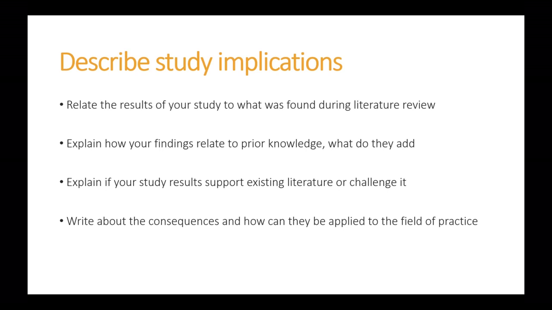There could be several psychosocial factors. Again, I'm using this just as an example, and you have to write these kinds of explanations only if you find that your results are not in line with the literature and your results are challenging the existing literature.